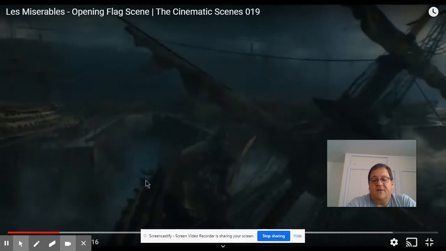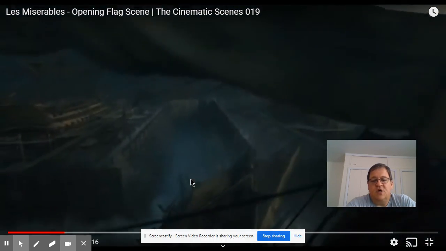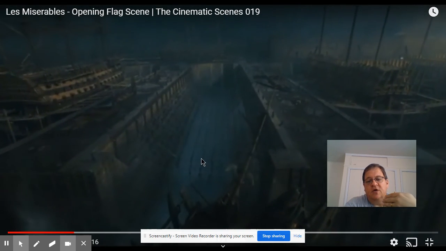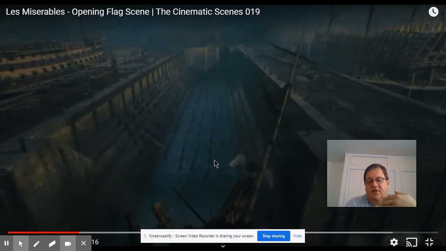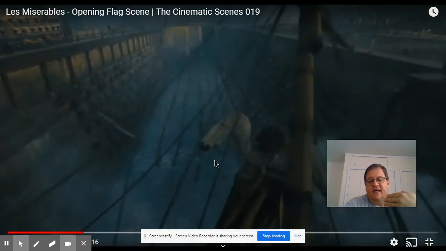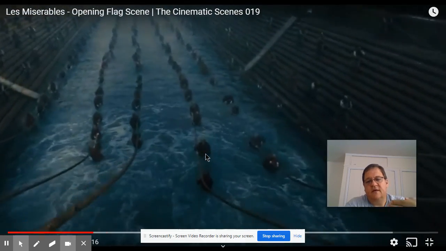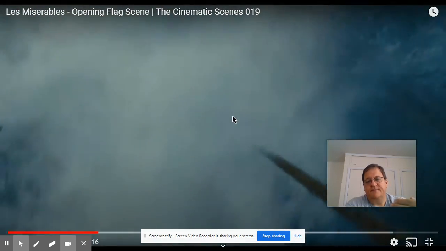All right. So the important thing here to notice, if the ship is the Z disc, look down here. You got all of these ropes. Those are the actin filaments. And as we come down in here, we have the prison gang playing tugboat. These guys are the myosin.